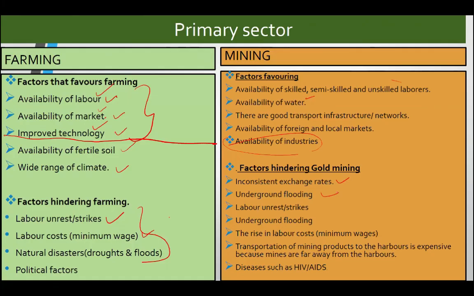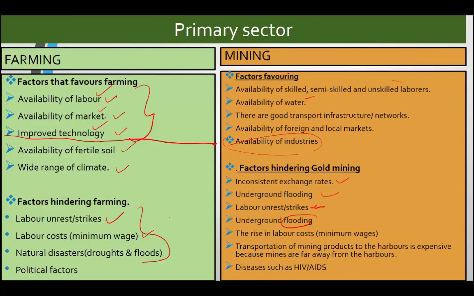And then what do you have again? Factors that hinder: labor unrest or strikes. So labor unrest or strikes can be applied both ways. We said here we can have underground flooding, but here we can have flooding. So the factors are very common. The rise in labor costs, we apply it to farming, we apply it to mining. Transportation of mining products to the harbor is expensive because mines are far away from the harbor.